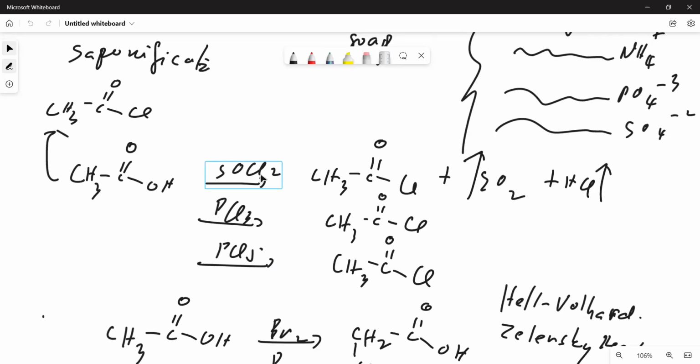You can use thionyl chloride, PCl3, or PCl5. For example, if you use thionyl chloride, this will remove the OH and it will be replaced by chlorine, and the byproducts are all gases, so no problem for equilibrium. It will shift to the right, producing the acetyl chloride, and you can use this to synthesize all those carboxylic acid derivatives.